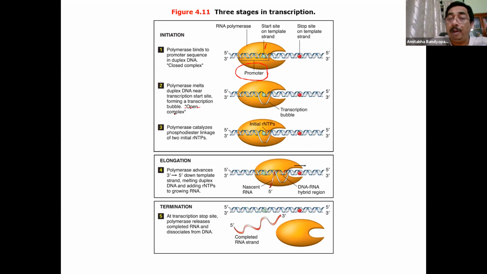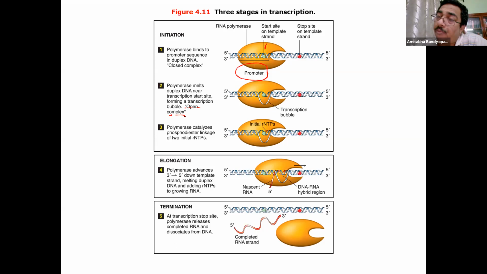Therefore, this is called an open complex. Then once the open complex is formed, often the RNA polymerase will start the transcription, fall off, start again, fall off, and it will go on several times. But eventually it will start to move.